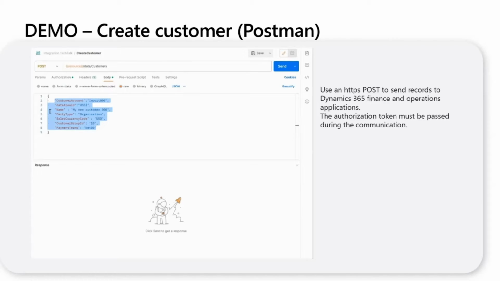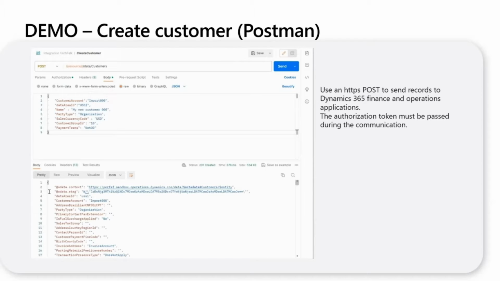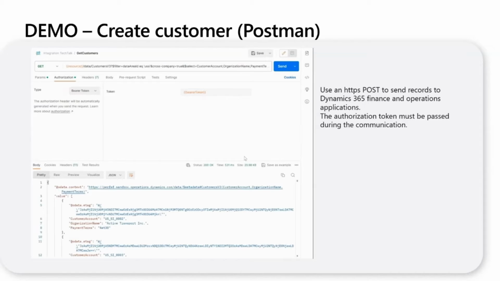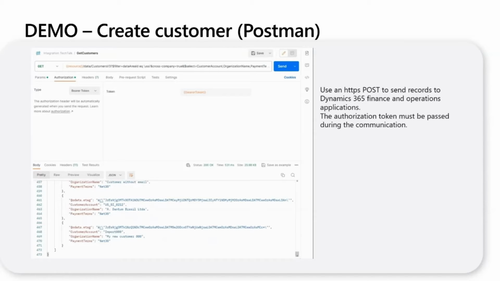So after that, we post the request, and Dynamics will respond with an entire record payload back, with all the information. We can double check this by running the previous GET command again, and we will see that in the response, the last record will indeed be the record that we just created.